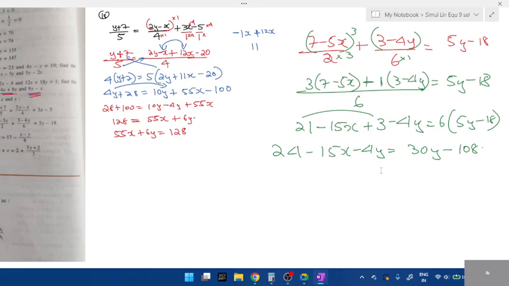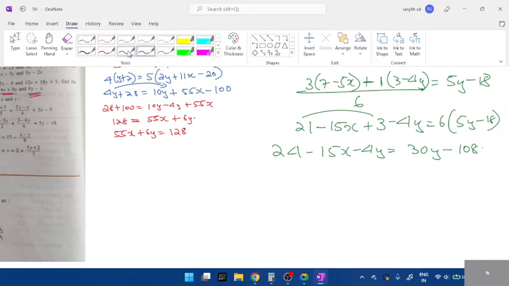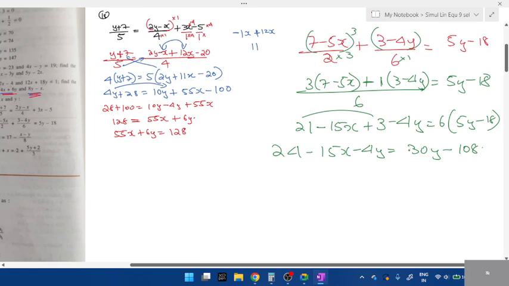Which one? No, I didn't get your question. If you don't want, you can multiply. I want you all to understand. That's the reason I put this bracket. This part, right?